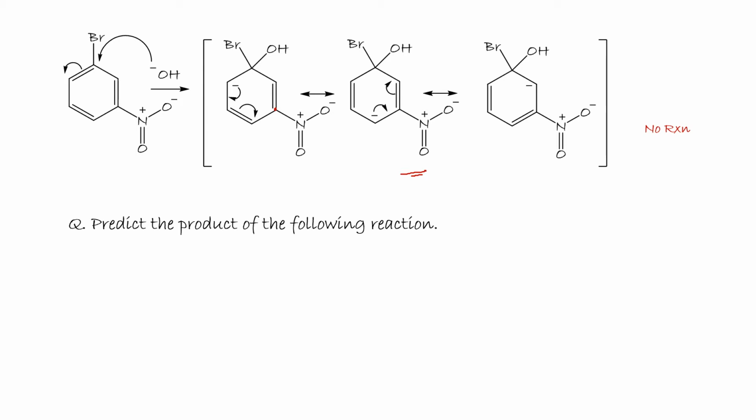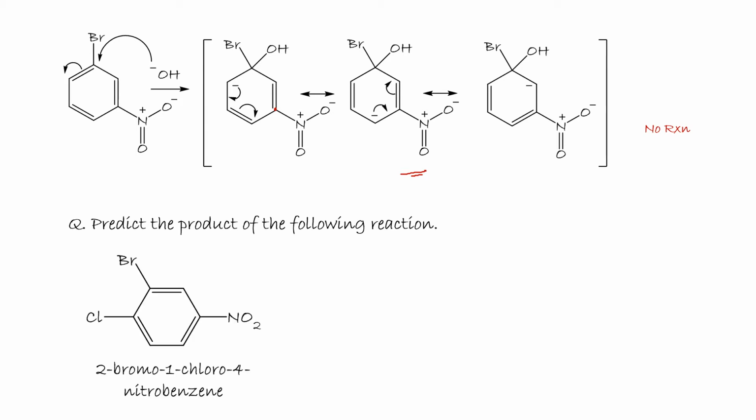Predict the product of the following reaction. If you have this compound, you have Br meta to the NO2, and you have Cl para to the NO2. You treat this molecule with a powerful nucleophile, like methoxide.